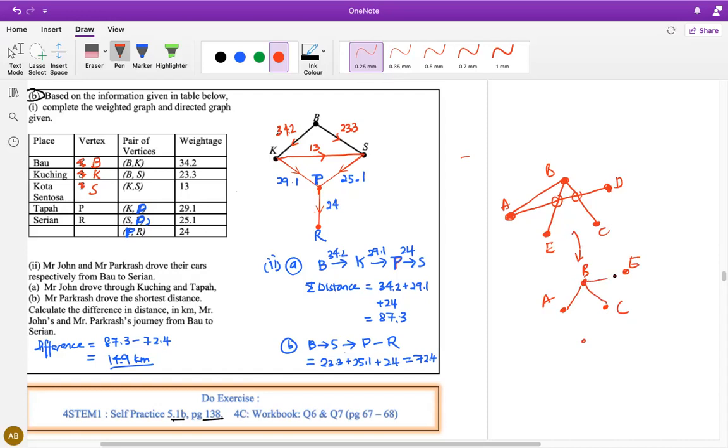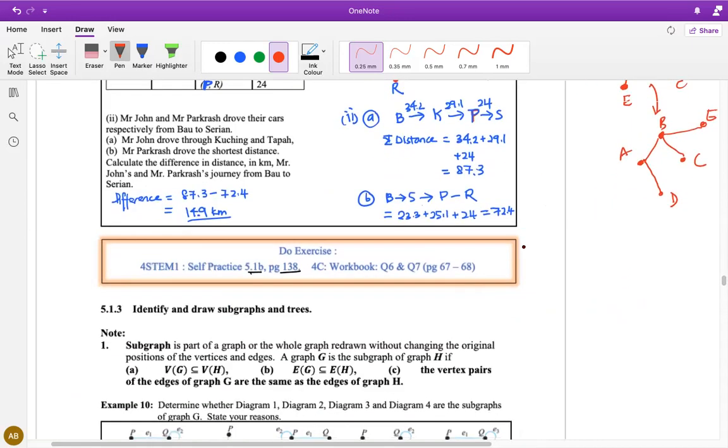Now you will see clearly that A, B, B, C, B, E, and AD are not overlapping. Then you can see quite clearly, rather than using the earlier diagram, which is very confusing. So don't make the reader or yourself confused.